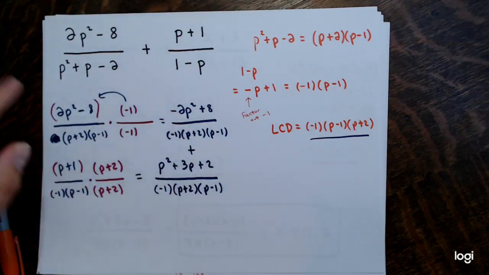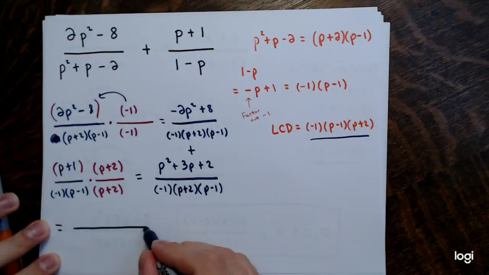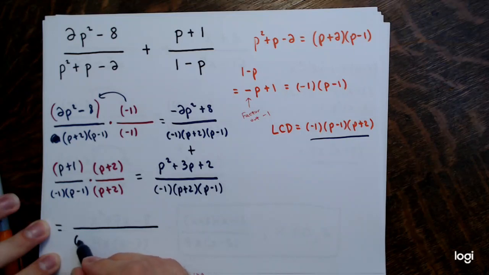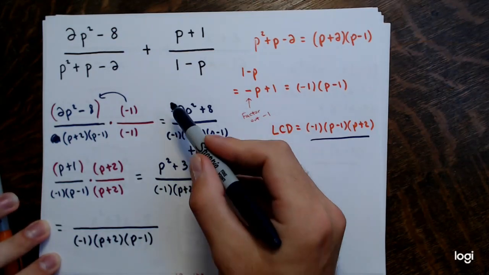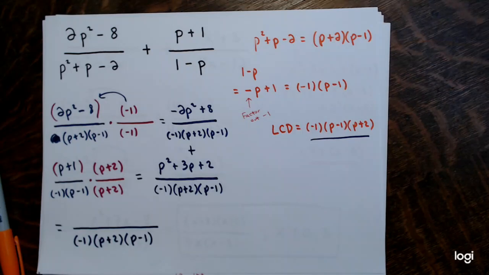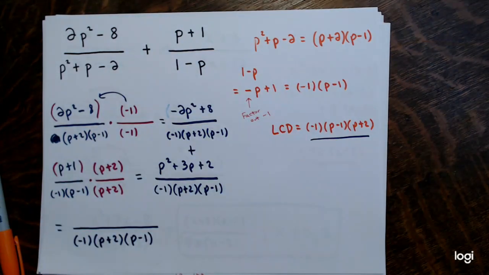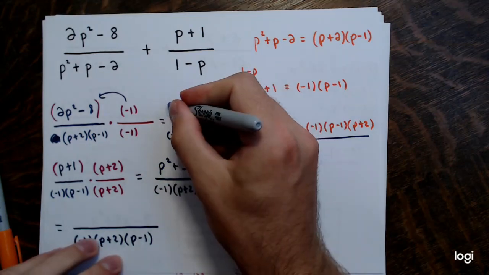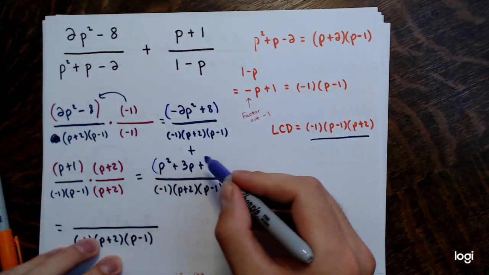They have the same denominator, so their sum will have that denominator, right? Negative 1 as a factor, p plus 2 as a factor, p minus 1 as a factor. And remember, we're adding the numerators, right? This whole numerator plus this whole numerator.